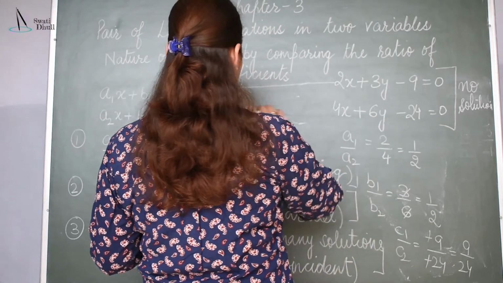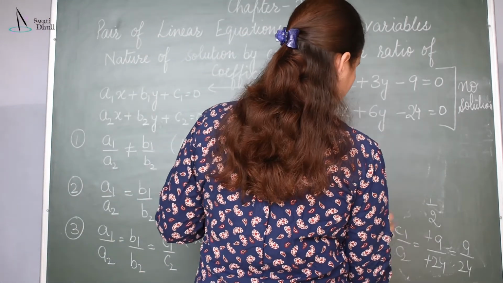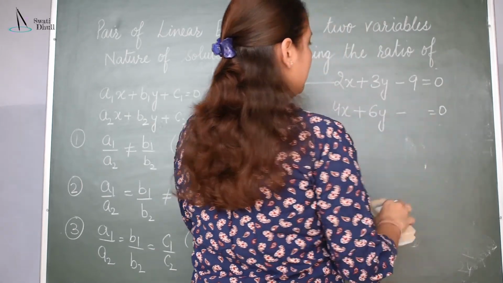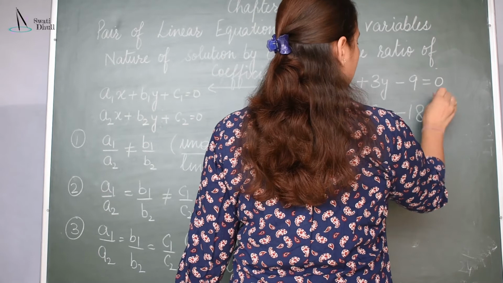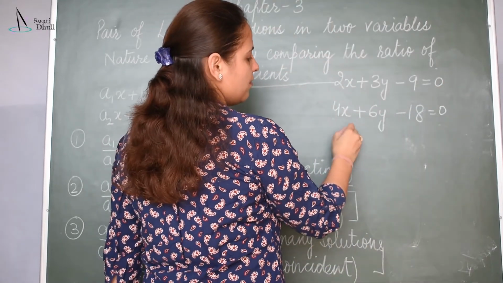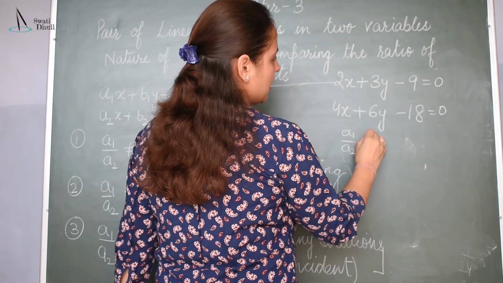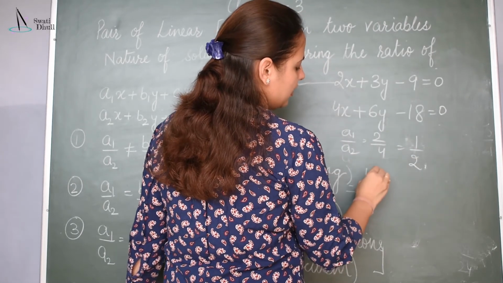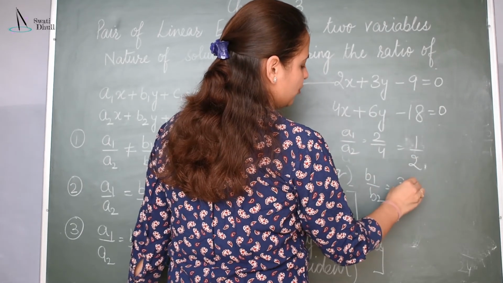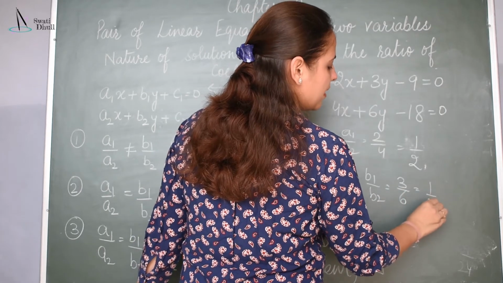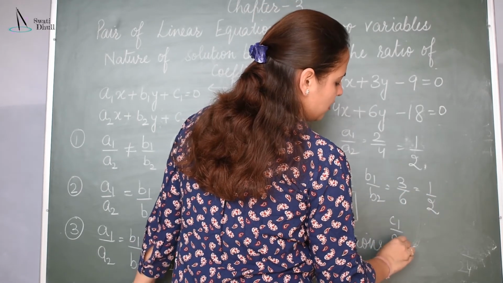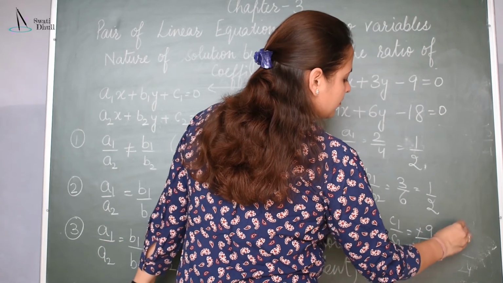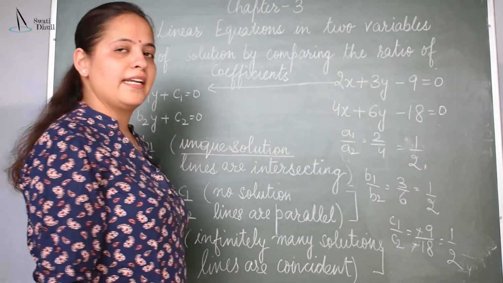Third case, let us take the third case as, suppose here it is minus 18. So a1 by a2 is equal to 2 by 4, 1 by 2. Similarly, b1 by b2 is equal to 3 by 6, that means 1 by 2. c1 by c2 is equal to minus 9 by minus 18, again you are getting 1 by 2.